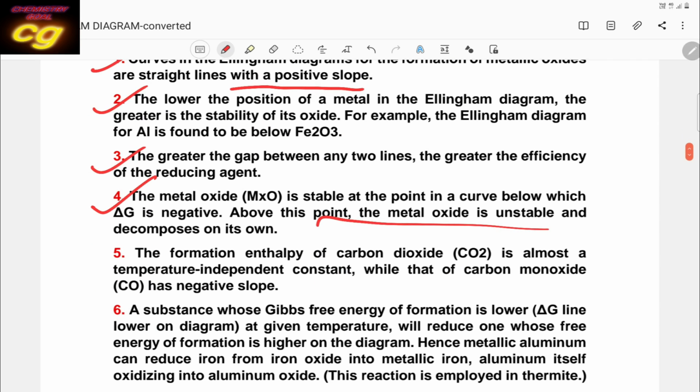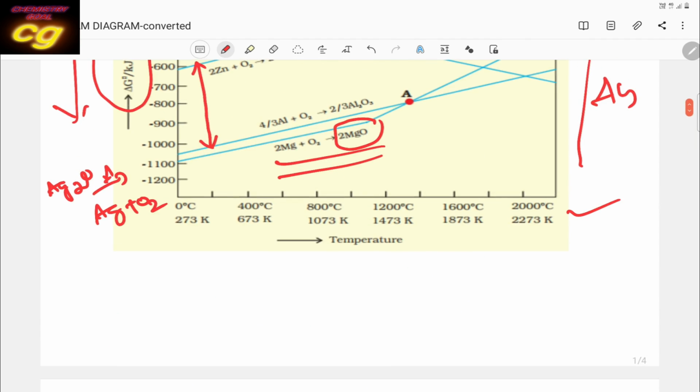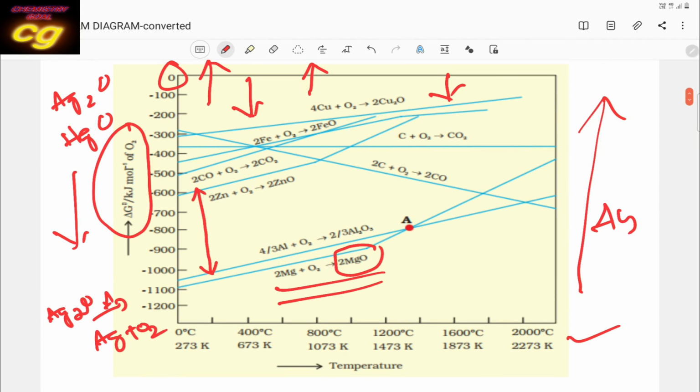Then the fifth point indicates that the enthalpy of formation of carbon dioxide is almost a temperature independent constant, compared to carbon monoxide. Very important: you see here the carbon dioxide graph is a straight line, but the carbon monoxide graph has a negative slope. The graph is a straight line in case of carbon dioxide, because here oxygen is a gas on the left side and carbon dioxide is also a gas on the right side, both are gas.